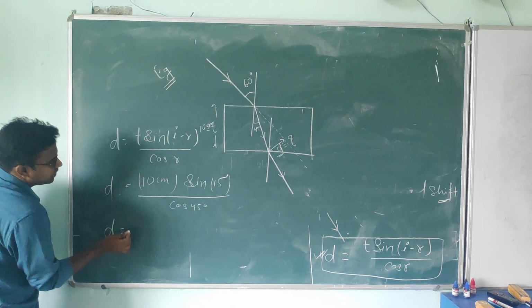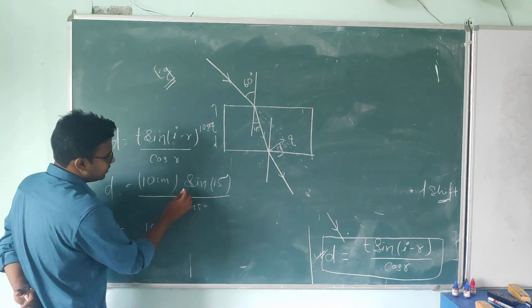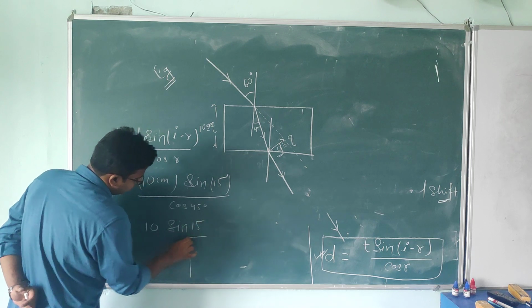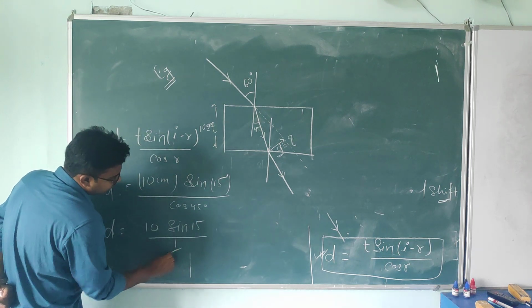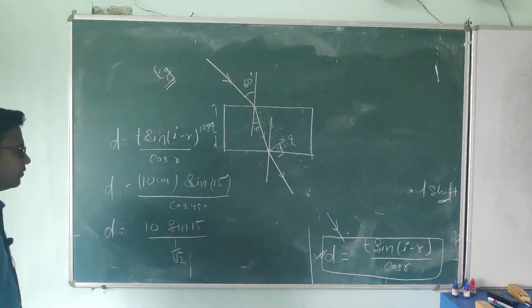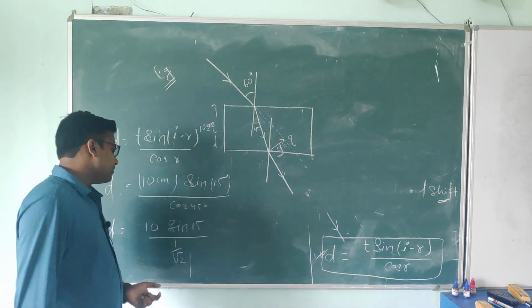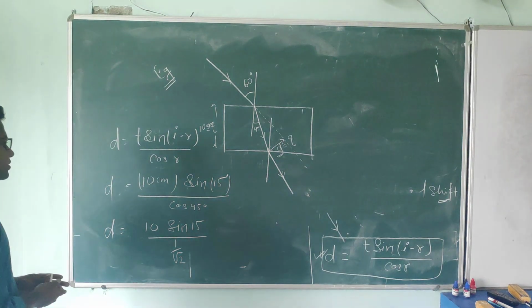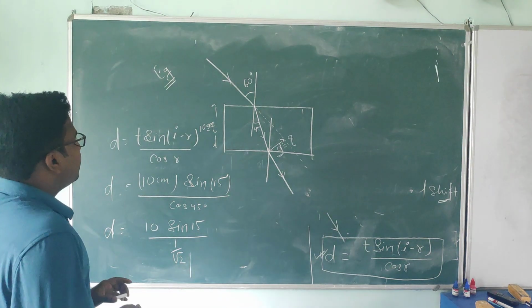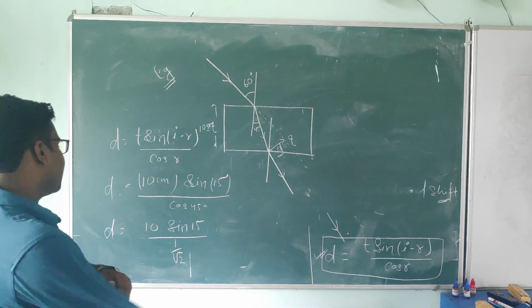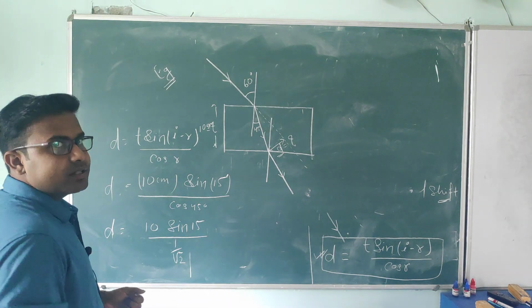So d is equal to 10 into sin 15 divided by 1 by root 2. We all know that cos 45 is 1 by root 2, okay student. I suppose you all understand. So this is the solution of this question.